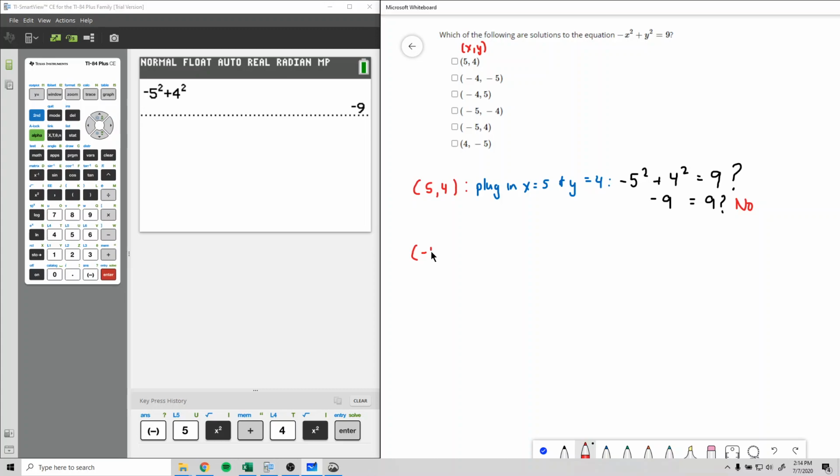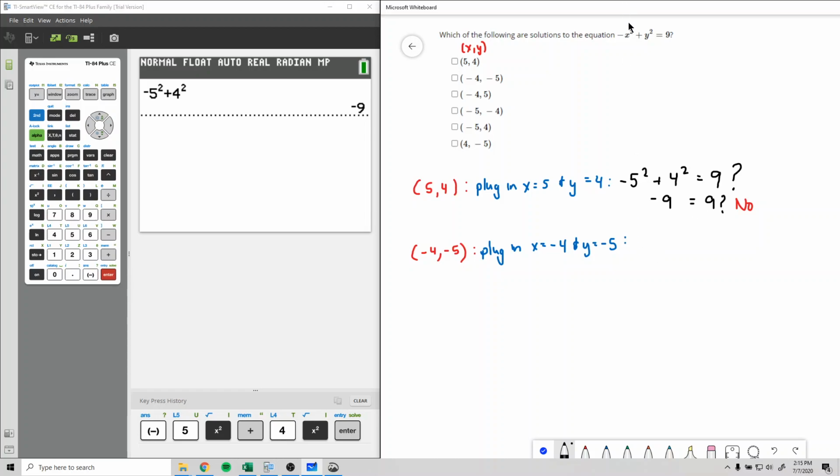Now let's move down to negative 4 comma negative 5. What we would do is plug in x is negative 4 and y is negative 5 to that same equation. The last one didn't plug in any negative numbers, so this is a very good example of why you have to be careful by hand before you use a calculator anyway.